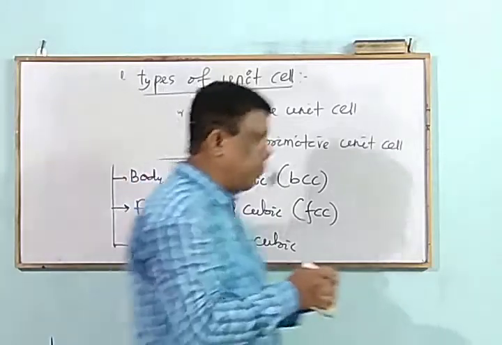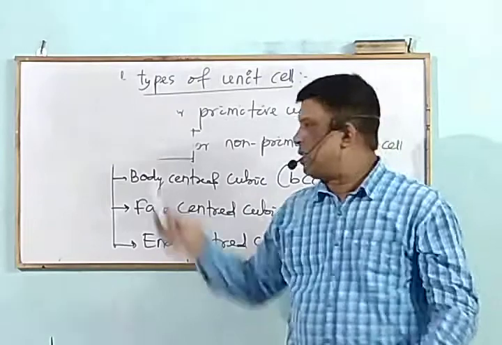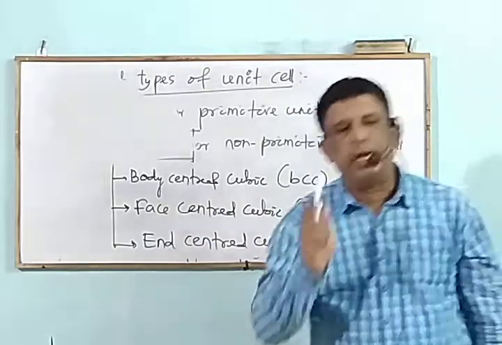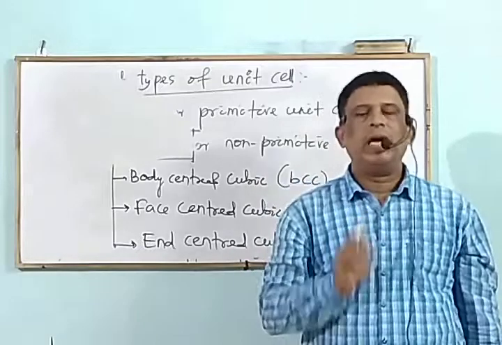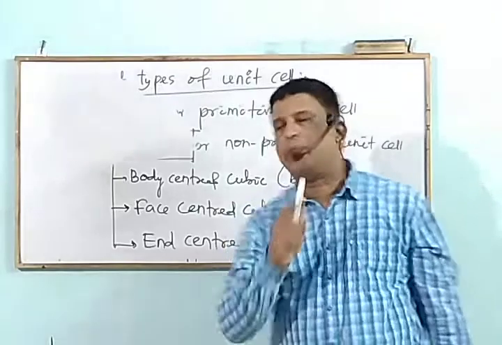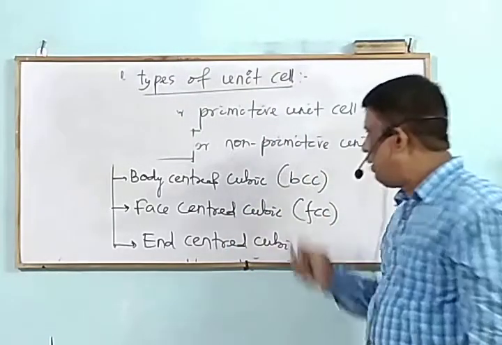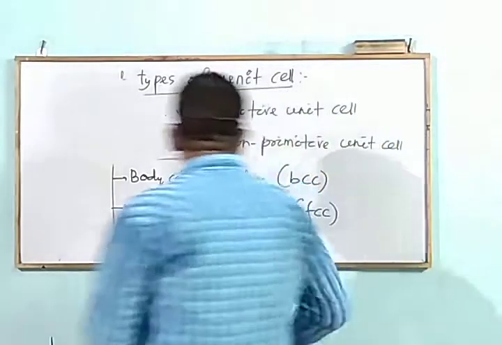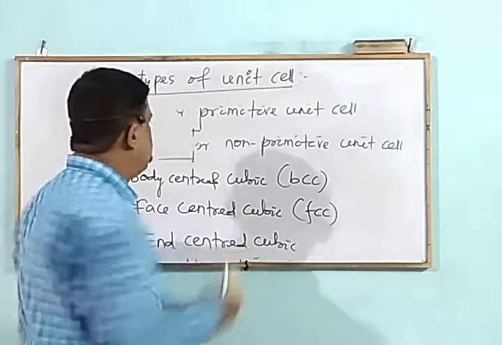The non-primitive unit cell or centered unit cell is of 3 types. In addition to the 8 corners, other places are occupied by atoms, and depending upon that, there are 3 types. One is body centered cubic, BCC. One is FCC, face centered cubic, and one is end centered cubic.